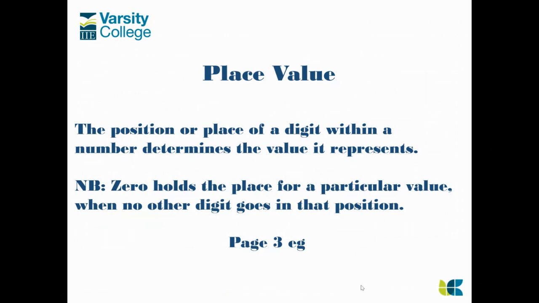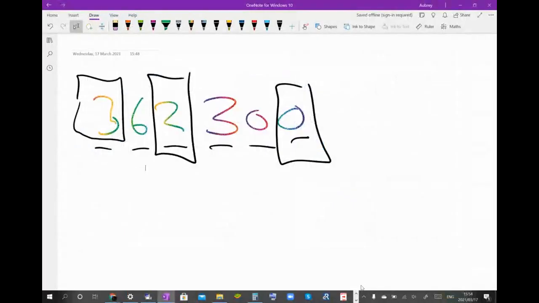Let's take a look back at our number just to speak to that point. 362,300. This is telling you that although there is no actual value there, it is holding the value of something. It is notifying you that it is 300 and not 3, because otherwise it would just knock off these zeros.